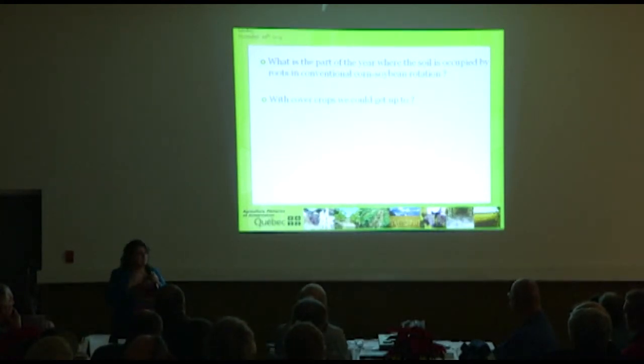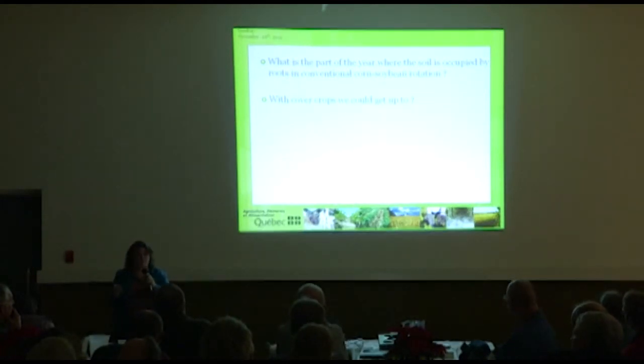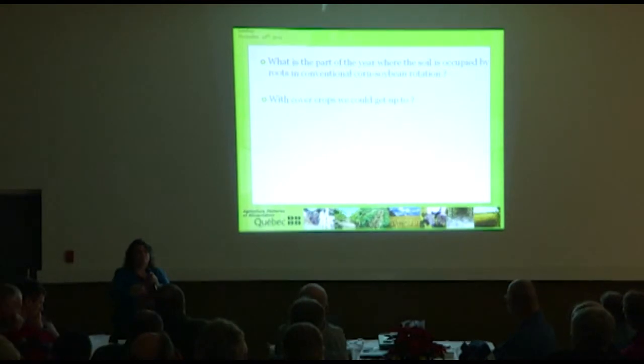In a conventional corn, bean, and wheat rotation, your soil is going to be occupied by living roots just about 30-35% of the year. Now, I need living roots to feed the mycorrhiza to be able to produce that glomalin that will stick the soil particles all together.